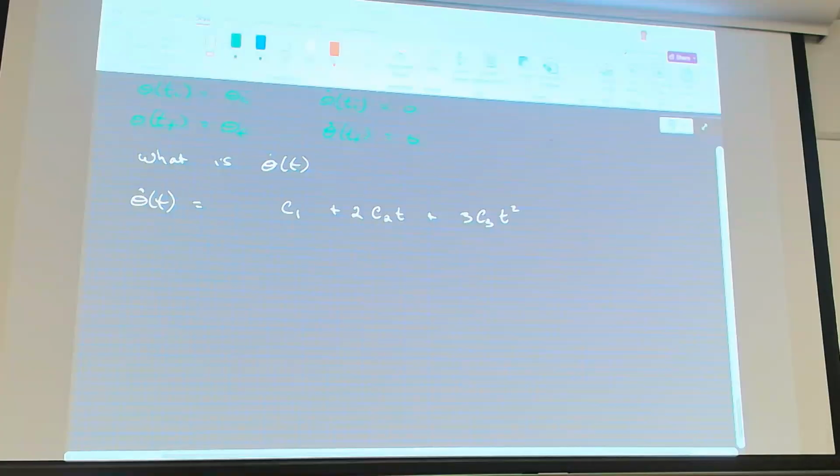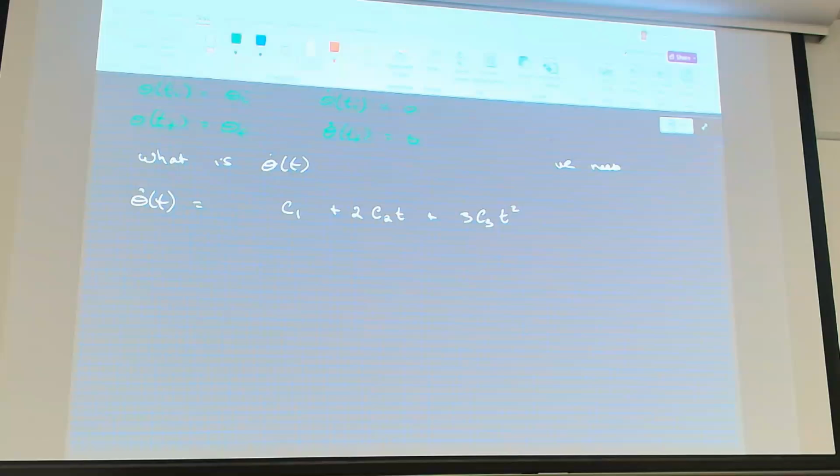But we need to find our coefficients, C1, C2, C3, etc. So we have these initial conditions.